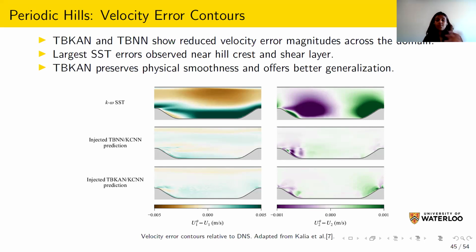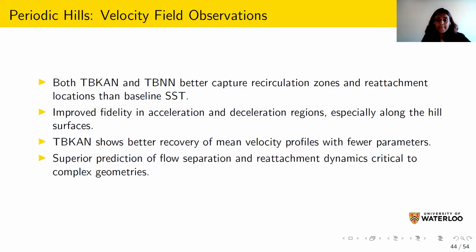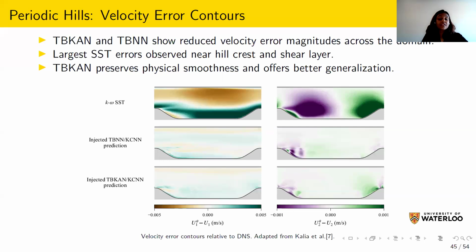Again, K-omega SST has the largest errors near the separation and reattachment points, which is something that would happen with RANS solvers. Both the TB-CAN and the TBNN networks are preserving physical smoothness. The only significant difference between the two models is the number of parameters.